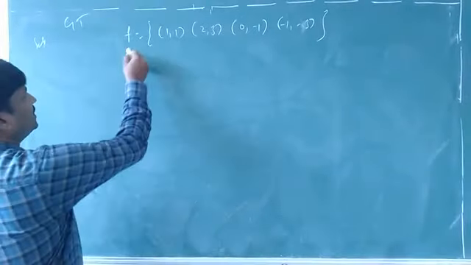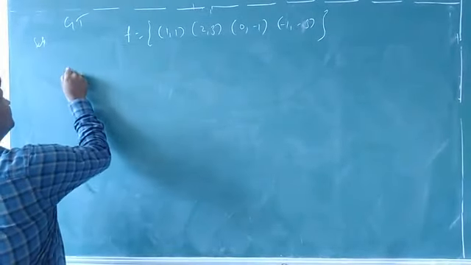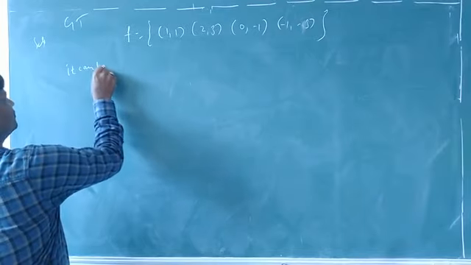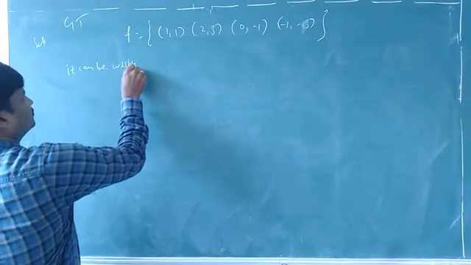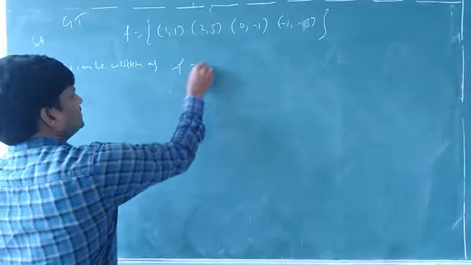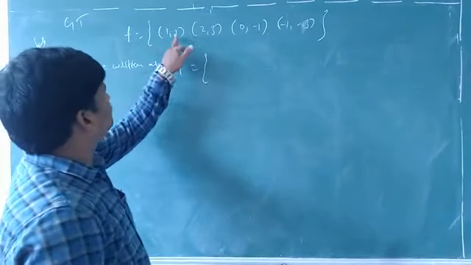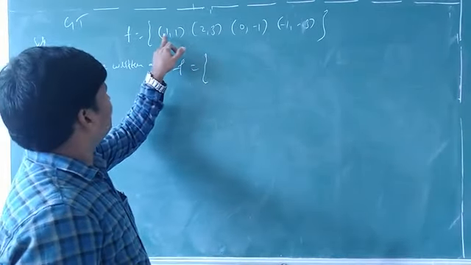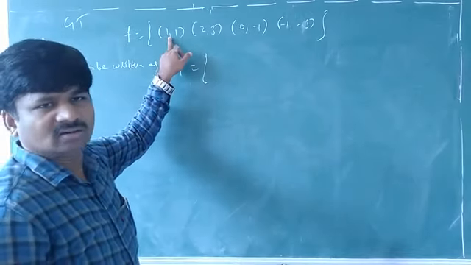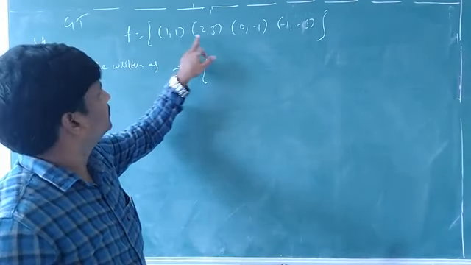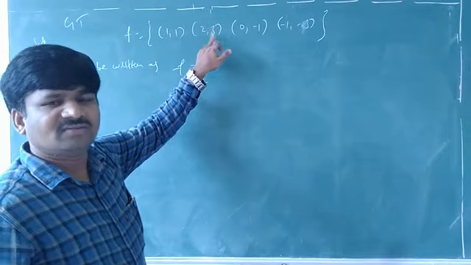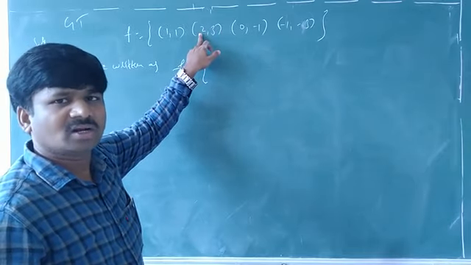Just observe here. It can be written as f equals, observe carefully, how can I write this one? f(1) value is 1 only, and 2 is the x value, f(2) is the f(x) value. Are you understanding or not?